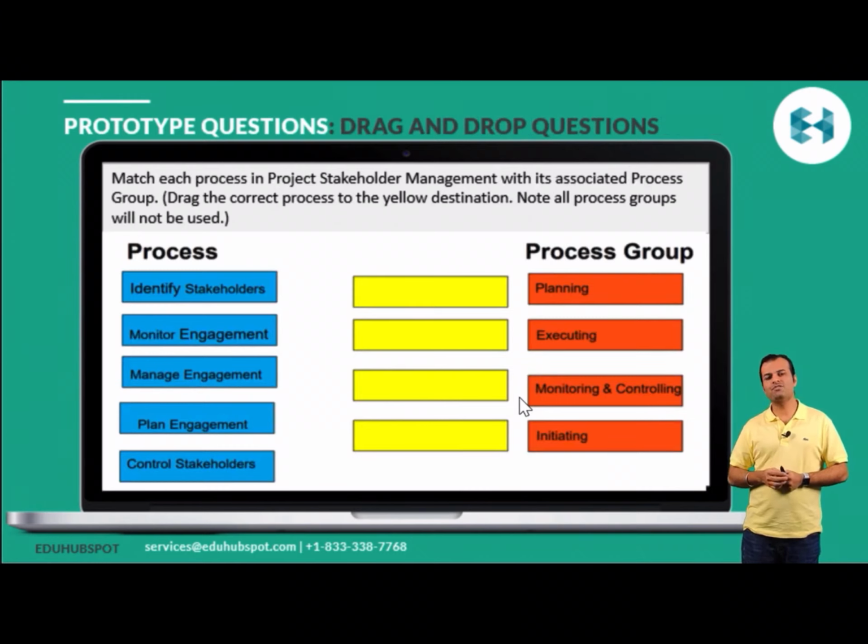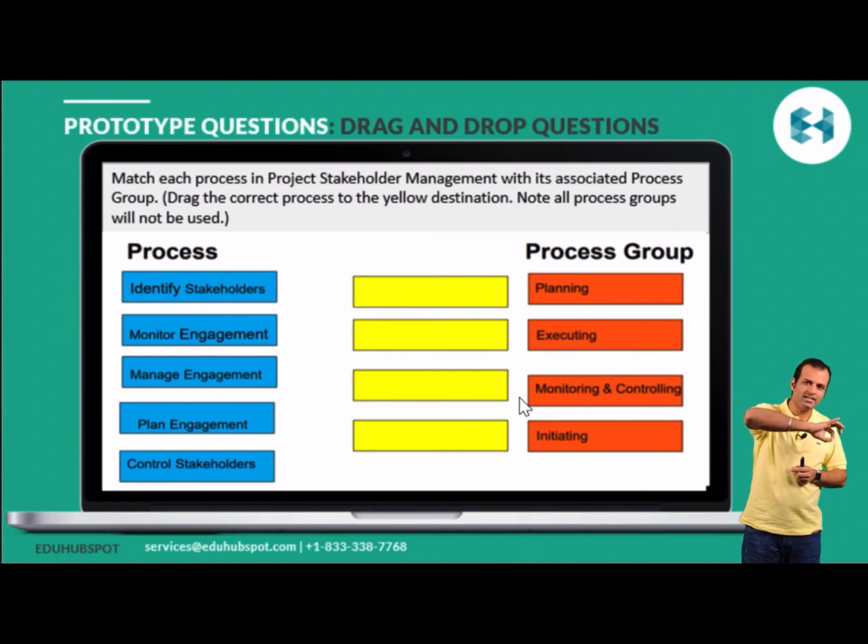Third type of question which you will get in the exam is drag and drop questions. So let's see something like this. They will say, match each process in the project stakeholder management with its associated process group. Drag the correct process to the yellow destination. So basically, on your left hand side, you will have processes like identify stakeholders. On the right hand side, you will have process groups.